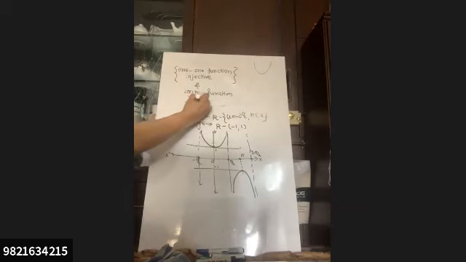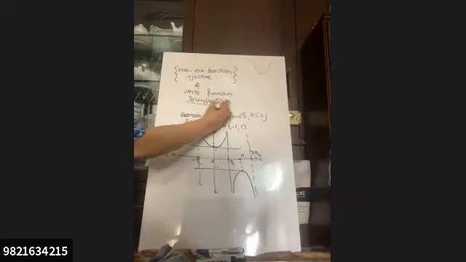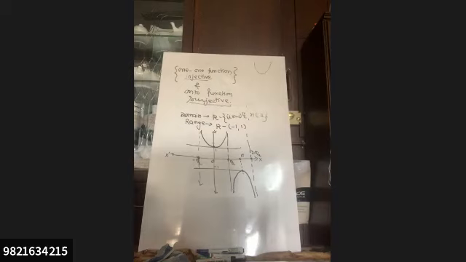Surjective. So when it is both injective as well as surjective, that is bijective, one-to-one and onto function. And only bijective functions will have inverse.